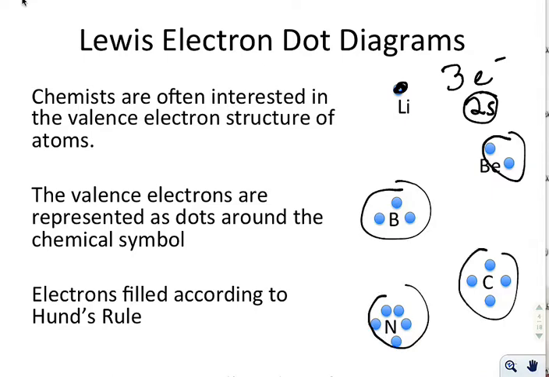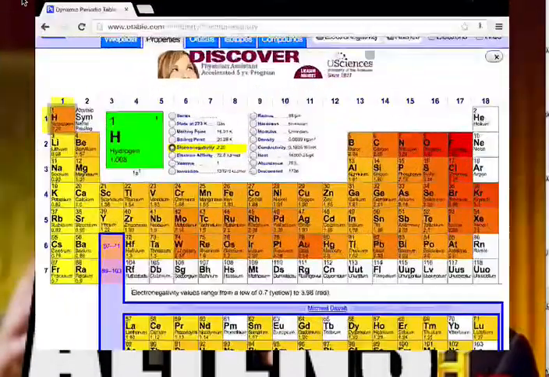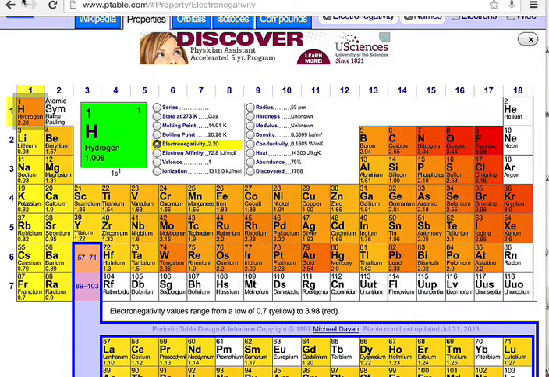You may ask, how do I know that's how you do this? If you look at the periodic table, here's lithium in the second row, and it has 1 electron. That's why it's in column 1. Beryllium has 2 electrons. That's why it's in column 2.